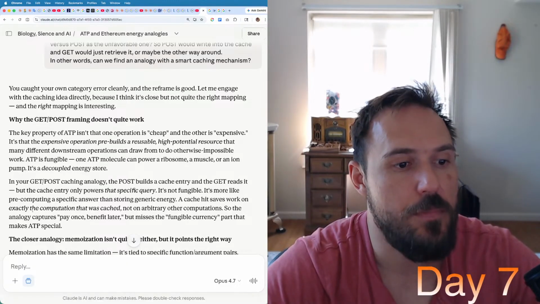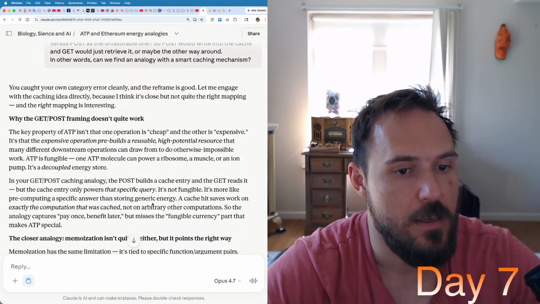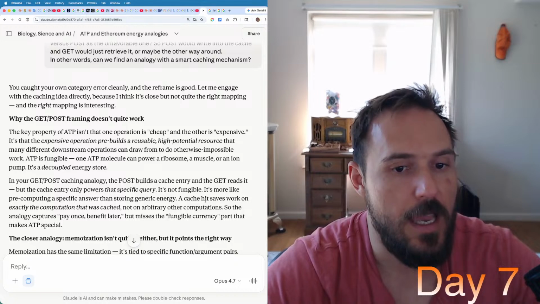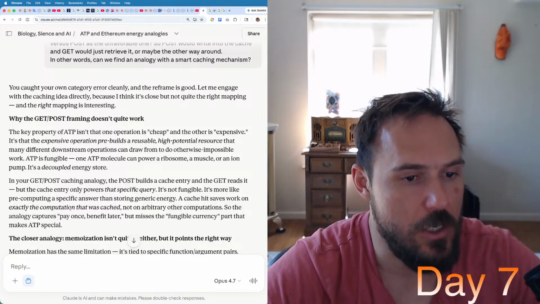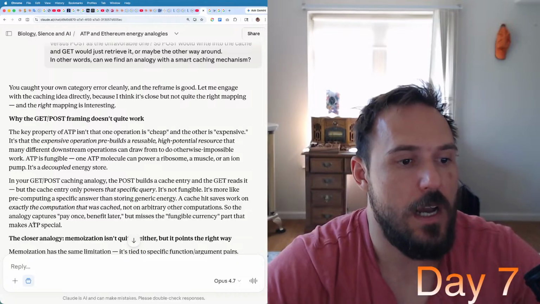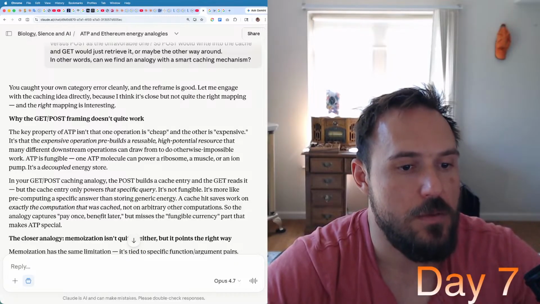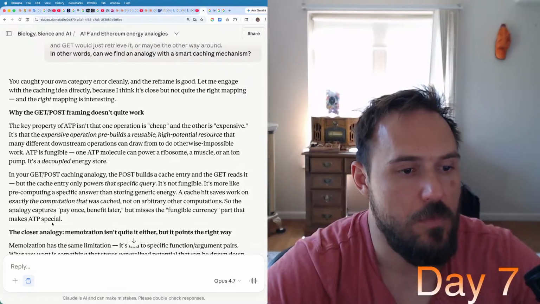It's more like pre-computing a specific answer than storing generic energy. A cache hit saves work on exactly the computation that was cached, not on arbitrary other computation. So the analogy captures pay once, benefit later, but misses the fungible currency part that makes ATP special.